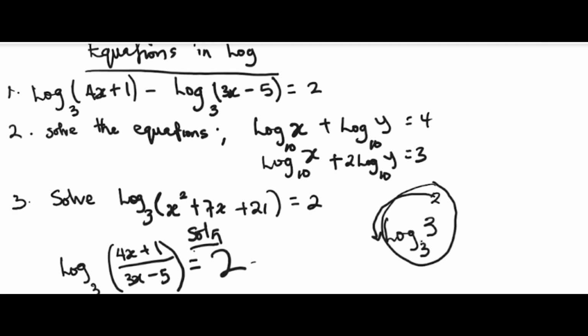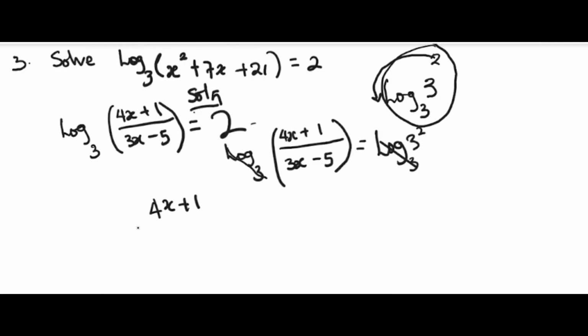So taking this back to this, we're going to be replacing these. So we'll have log in base 3, 4x plus 1, all over 3x minus 5 to be equal to 3 squared, which is 9, all right, over 1. So when we cross multiply, we'll have 9 into 3x minus 5 to be equal to 4x plus 1.